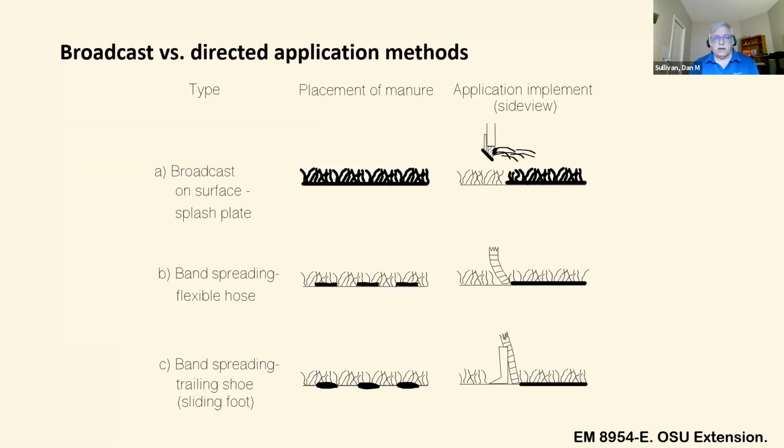Directed application methods are shown here. At the top, we have the broadcast method, which is not a directed application method. It's kind of the status quo. With the broadcast method, manure is applied and it covers the whole surface, including any vegetation that might be present. If we're using directed application, we might use technique B or C down below here, and that would be using an applicator like a flexible hose or a trailing shoe.